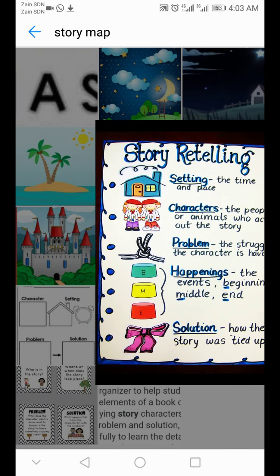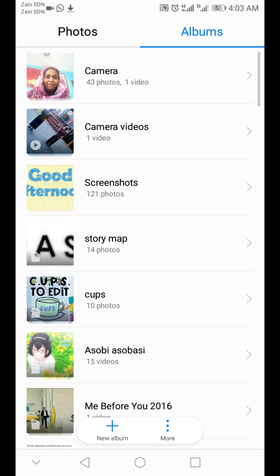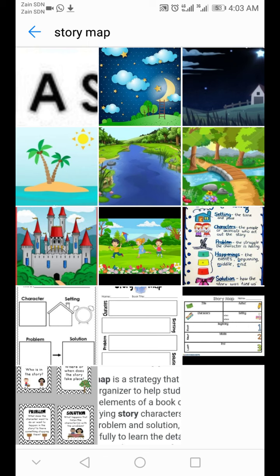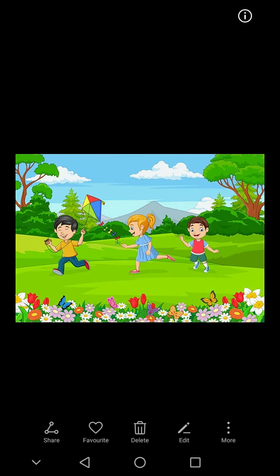Let's see this here. Sorry, we come back here again. We said that characters, of course, you all know the characters of the story. Setting, it can be in a park, just like this picture.